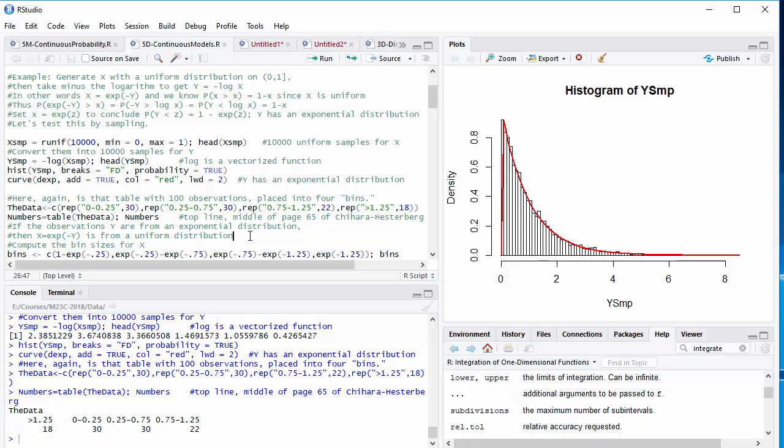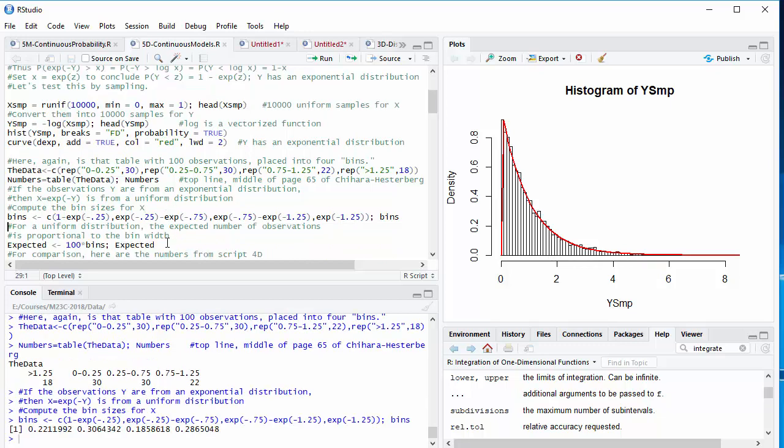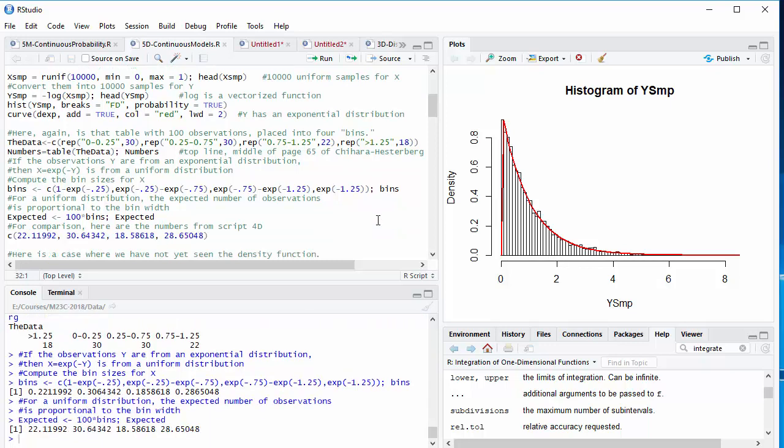In that case, the function would be, we take the exponential of minus y, and we can compute the necessary bin sizes by just taking the exponentials of various values of y, 0.25, 0.75, 1.25, and so on. Now once we form this function, the observation should be uniformly distributed, so it's very easy to calculate the expected number in each of these bins.